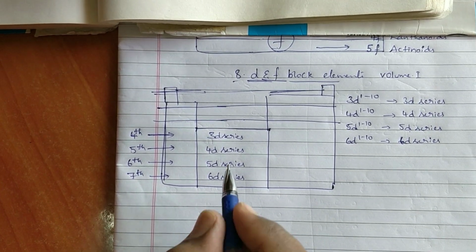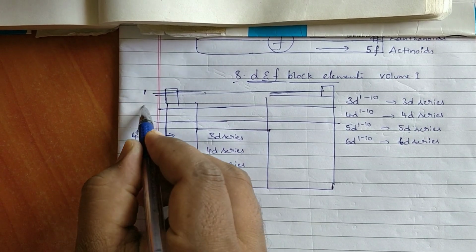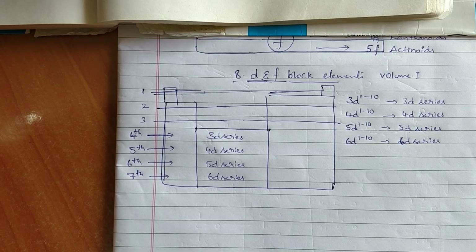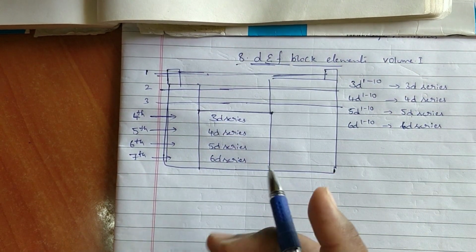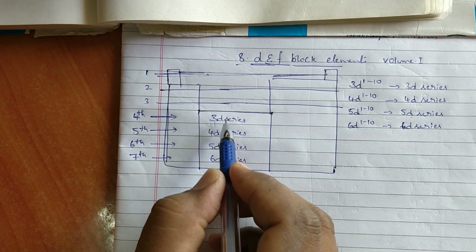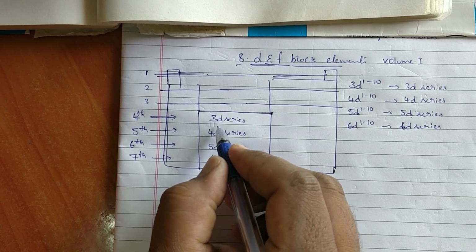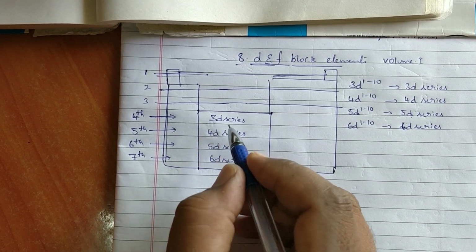Now observe carefully. 3D series belongs to the fourth period. This is 1, 2, 3. Up to three periods, we have no D block elements. D block elements start from the fourth period in the periodic table. In that block, this is called the 3D series, the first series, as the differentiating electron enters into the 3D subshell.